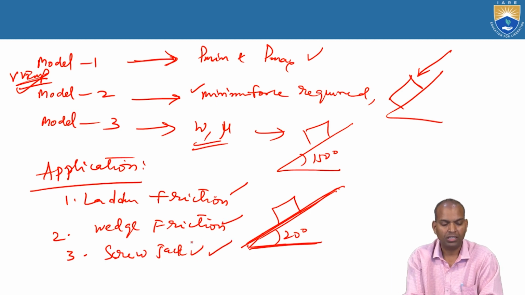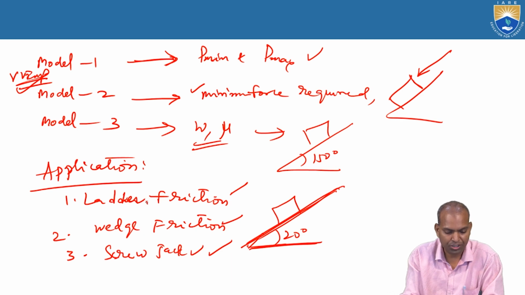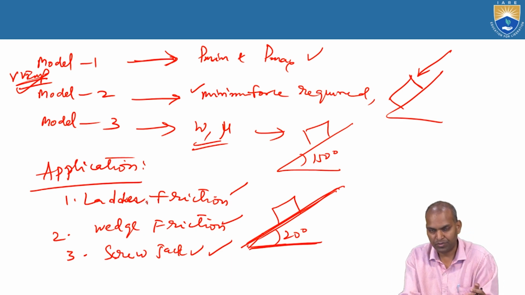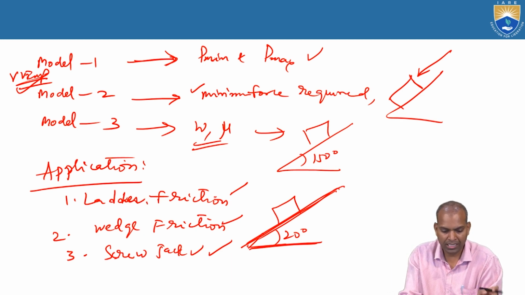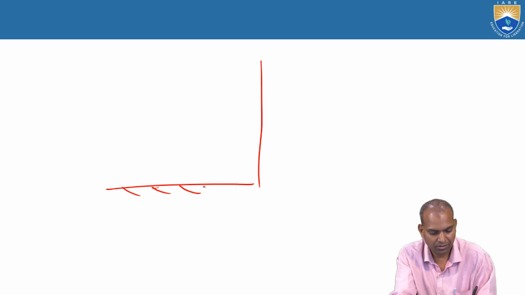These are applications of friction. So in coming sessions, we study what ladder friction is and how to solve the problems. Why is ladder friction an application of friction? The ladder, in olden days: here is a wall, and there is a ladder.